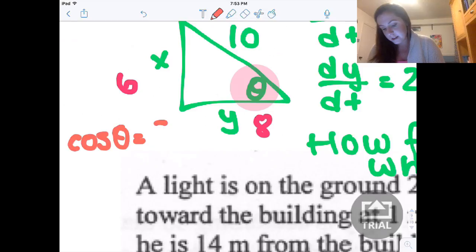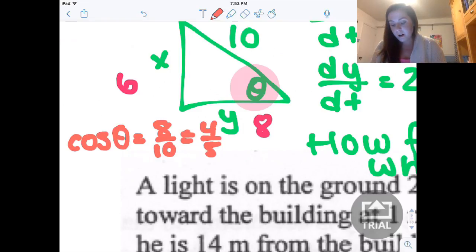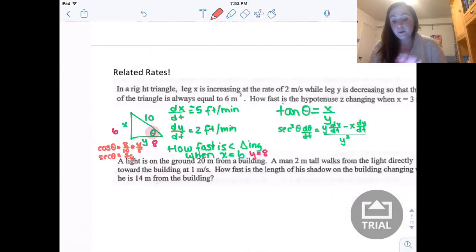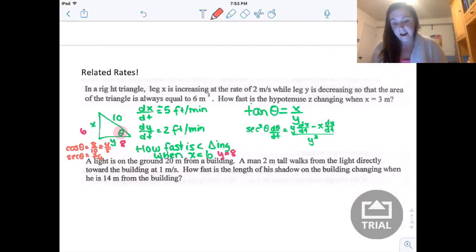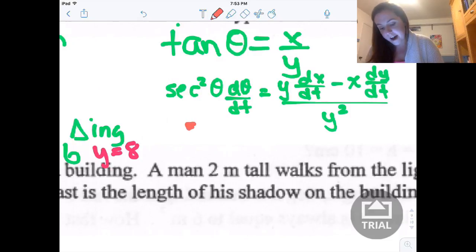So 8 over 10, 4/5. So secant of theta would be the reciprocal of that, 5/4. You don't need to know theta. You just need to plug that in. So secant squared will be 5/4 squared.